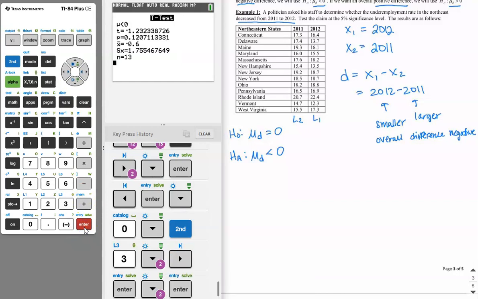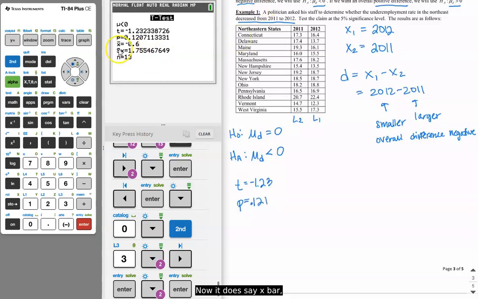So let's take a look at what the calculator gives us. It gives us our test statistic, so t is negative 1.23. My p-value is 0.121. It does say x bar, but in our case x bar sub d is the mean of the differences, which is negative 0.6.